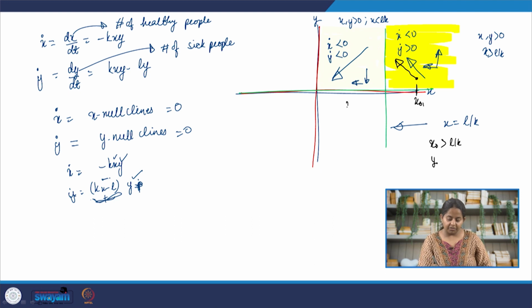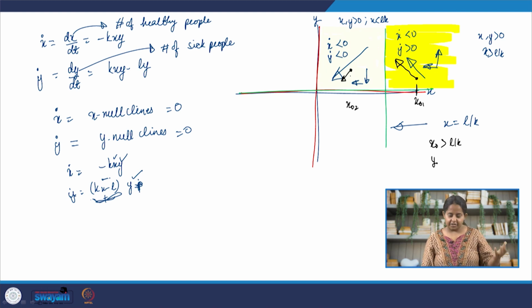If I am starting somewhere here, x naught 2, let's say in this black dot here in this particular area, then x is less than L by k, so number of healthy people is going to go down. Number of sick people is also going to go down because dy by dt is negative. The net flow is going to be in this direction. So what I'm going to notice is that the disease does not spread, the disease starts diminishing.